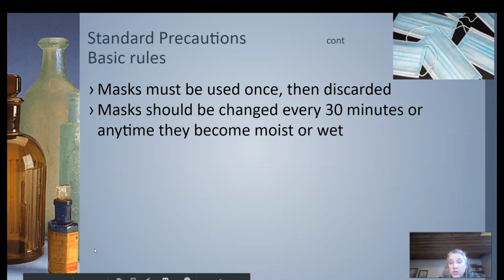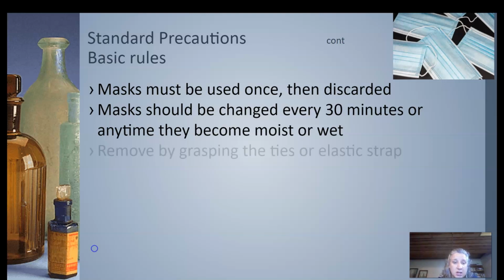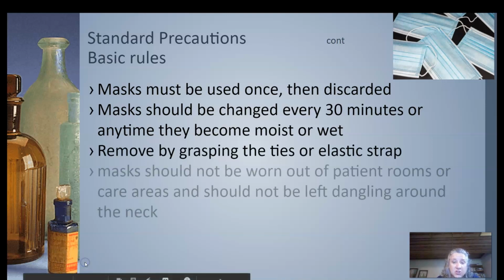Mask must only be used once and then discarded. This is kind of all before COVID, when healthcare workers in the hospitals would use disposable masks. They should be changed every 30 minutes or anytime they become wet. So if a disposable mask becomes wet, it should be discarded. And you remove it by grasping the ties or the elastic strap.